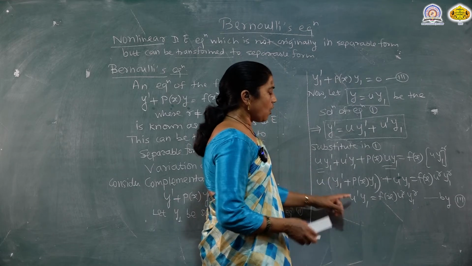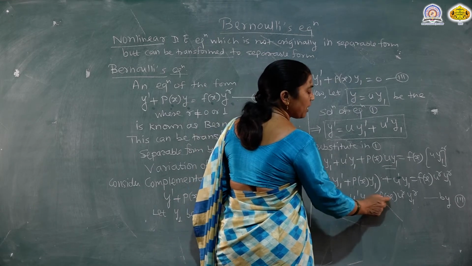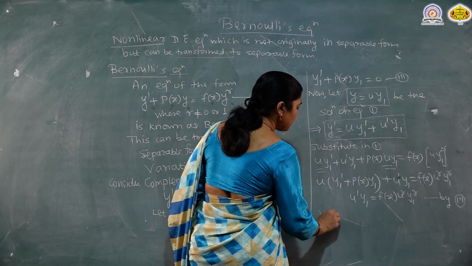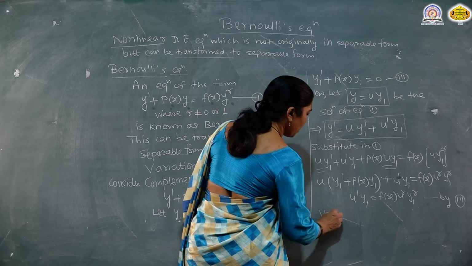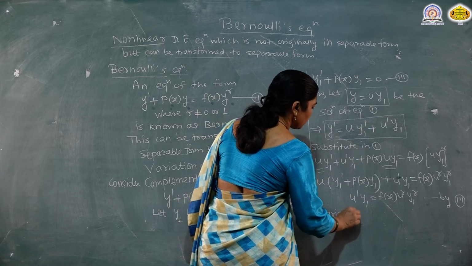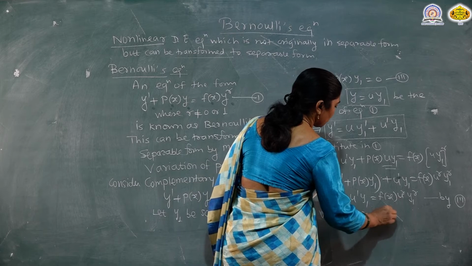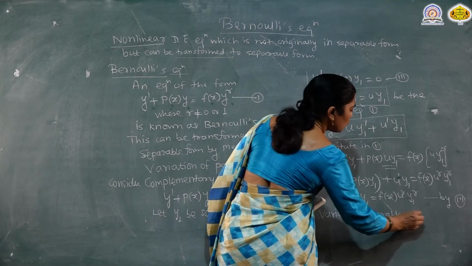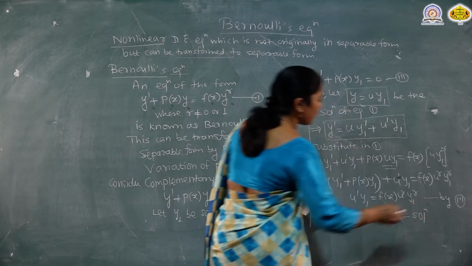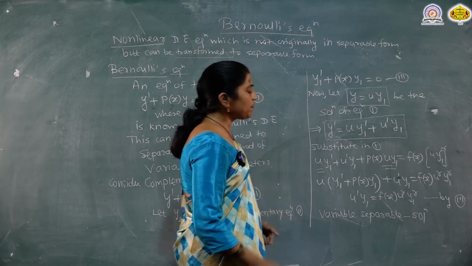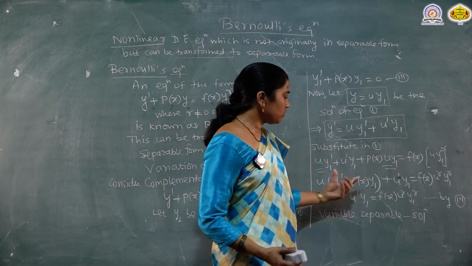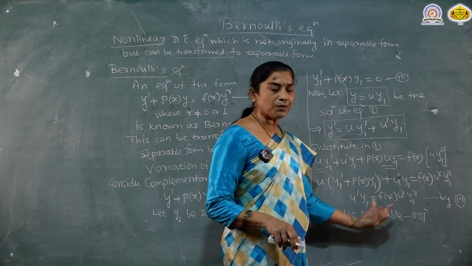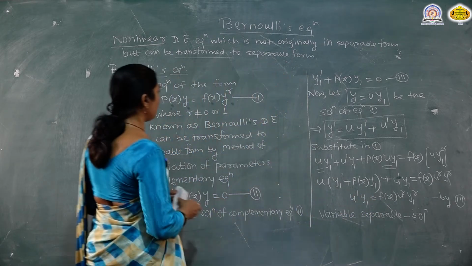So we get u' = y1^(r-1) f(x) u^r. Once we get the variable separable form, we are able to find the solution of this equation by variable separable. Once we reduce this to variable separable form, we get our required solution.